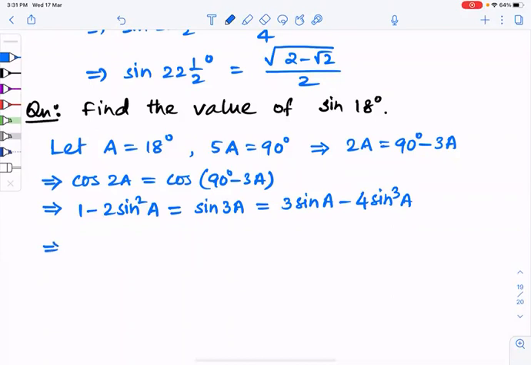You can write 4 sine cube A plus 2 sine square A minus 3 sine A plus 1 equal to 0.